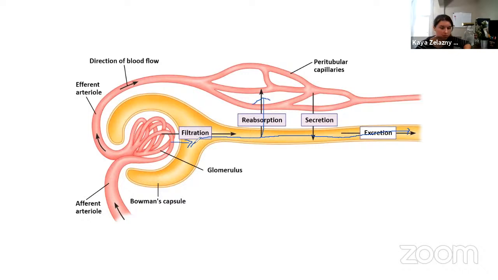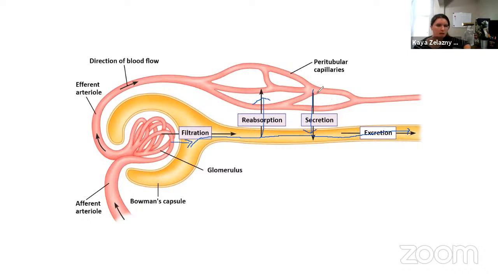We're filtering blood really quickly. We're filtering a lot of blood every minute. We do not want to lose as much water as we're filtering out when we're bulk filtering that plasma. So we're going to reabsorb things, especially water. We're also going to have secretion. So we will have certain things going into our tubular fluid later on.